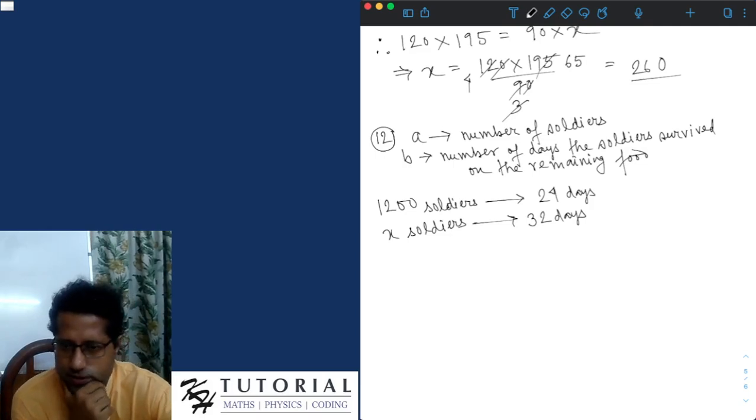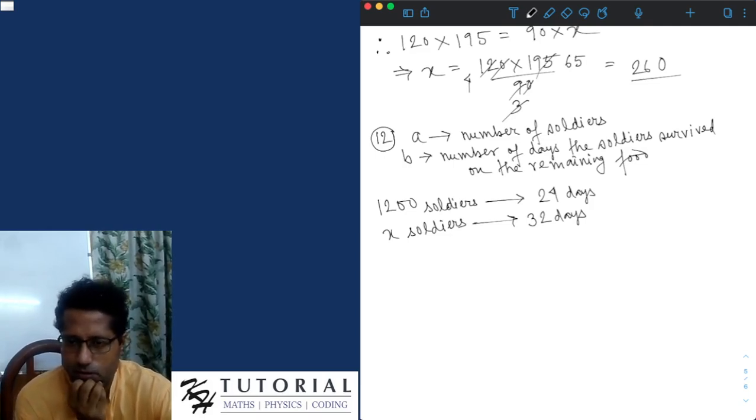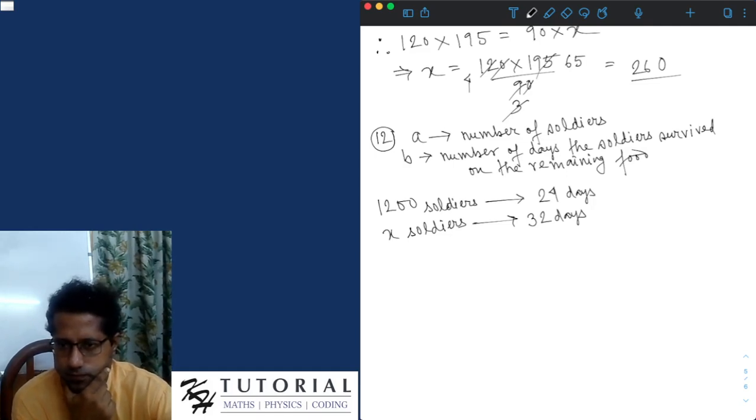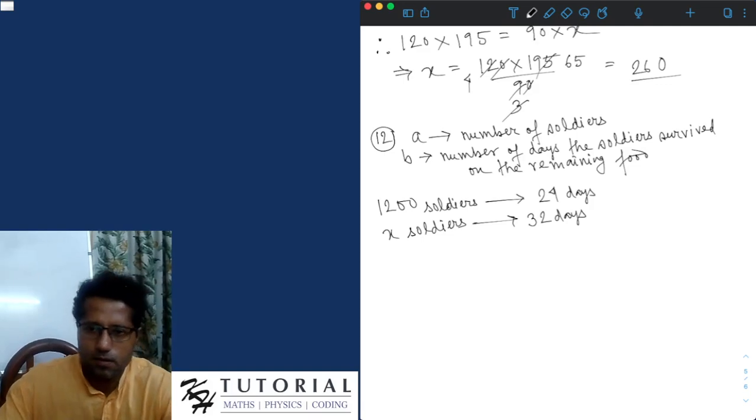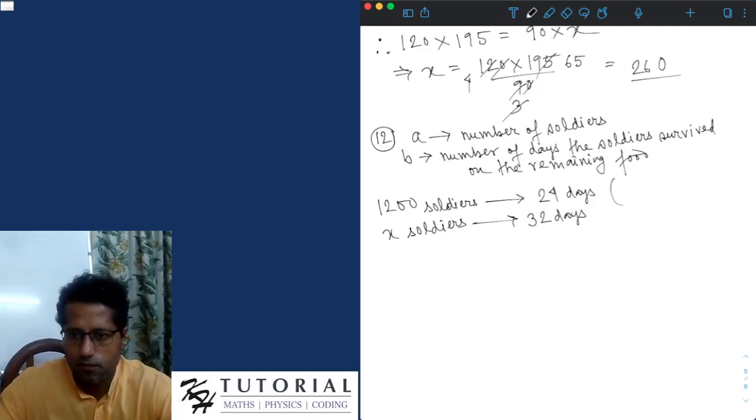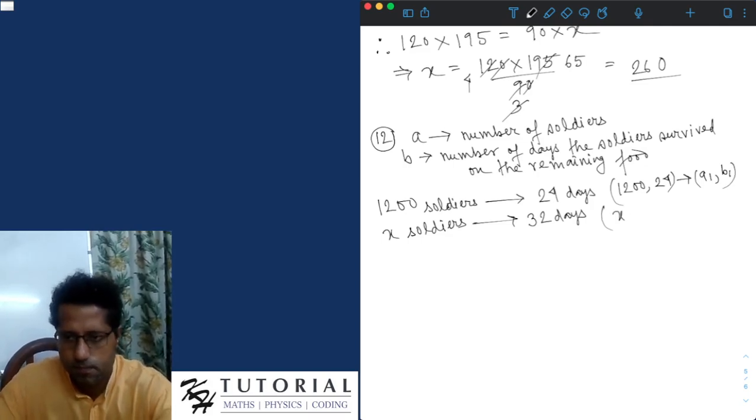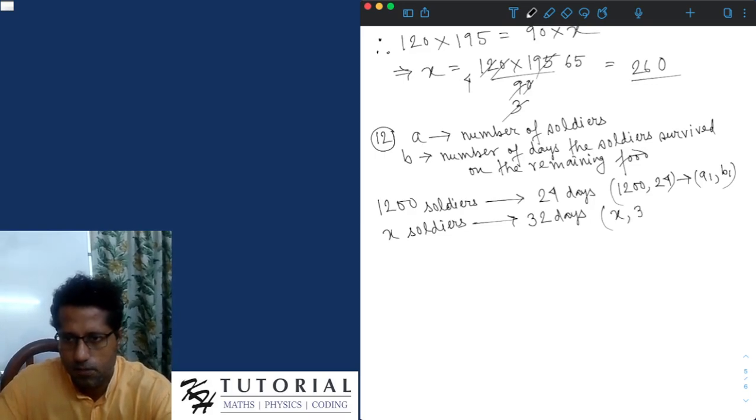So definitely these X soldiers will be less than 1200, because some soldiers were transferred to another fort. Now over here we have 1200, 24 as the corresponding data of A1, B1, and over here X, 32 is the corresponding data of A2 and B2.